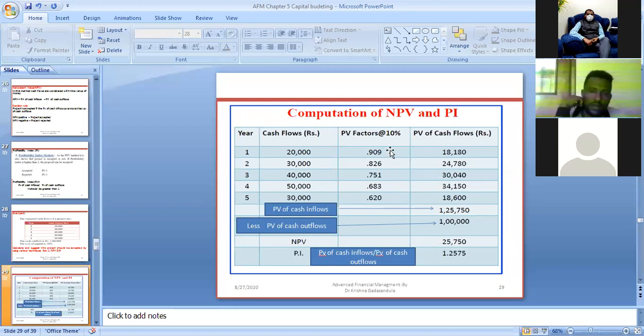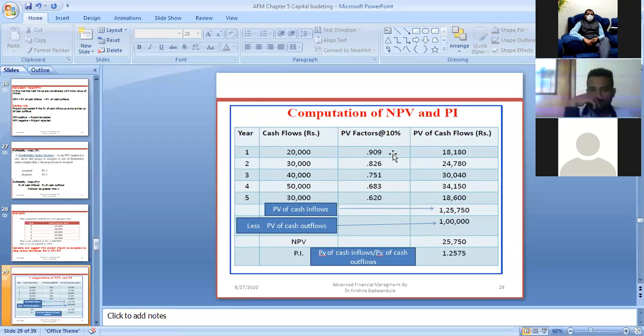There is a formula to calculate this value. We are discounting the future value at the rate of 10%, because the future is uncertain; inflation may increase, cost may increase. That's why future values are discounted with the cost of capital.